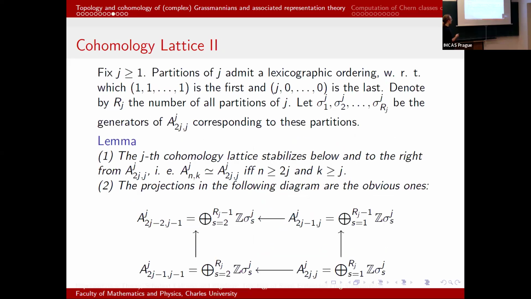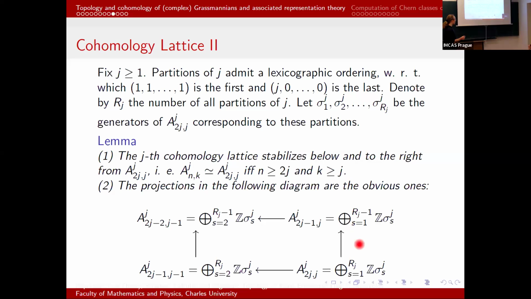The second point of the lemma says that if you look at the cohomologies of the Grassmannians 2J,J, 2J minus 1,J, 2J minus 1,J minus 1, and 2J minus 2,J minus 2, then the cohomologies look like this, and the induced maps are the obvious projections.